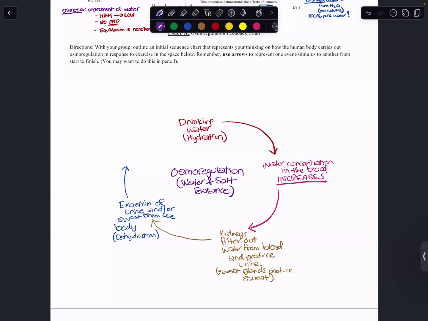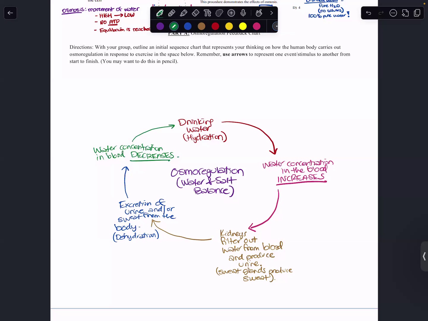So as a result, water concentration in blood decreases, leading me to drink water, right?